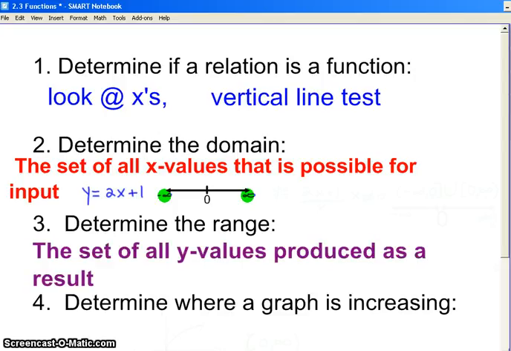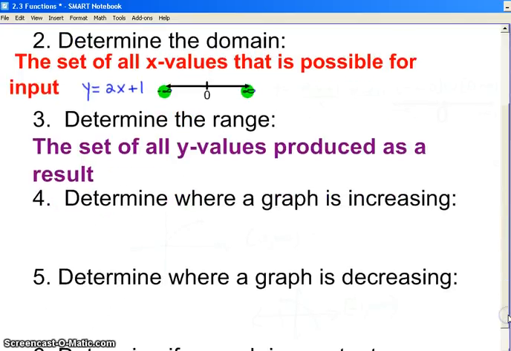Determine the range. The range is the set of all y values produced as a result. So on the previous example, your range is going to be all real numbers as well. Determine where a graph is increasing. We're going to start right here at 0.